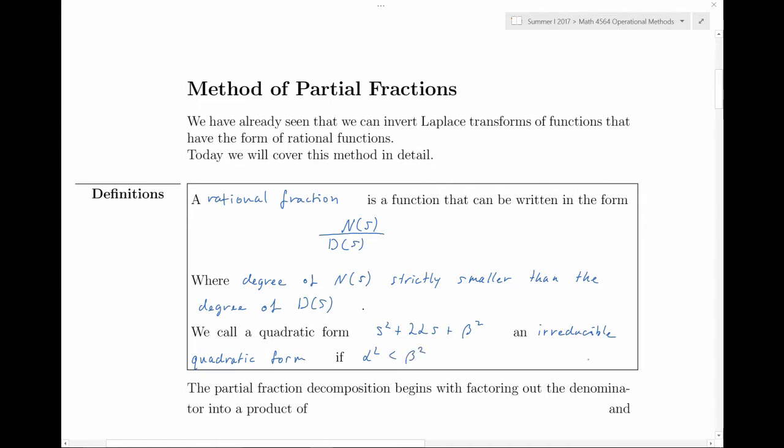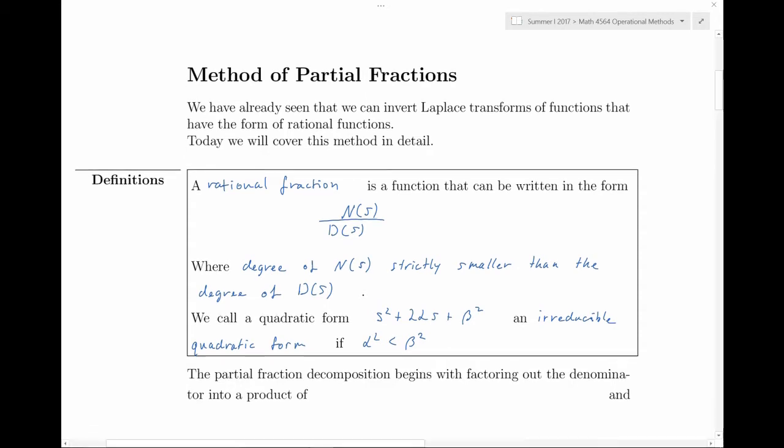In this case, this polynomial will not have real solutions, and therefore breaking it into the product of two smaller linear terms will not be possible unless we use complex numbers.